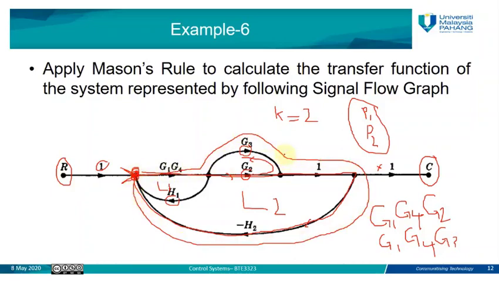L3 starts from the same node but goes through the other branch, G3, and returns to the same node. So the gain here will be G1, G4, G3, negative H2.